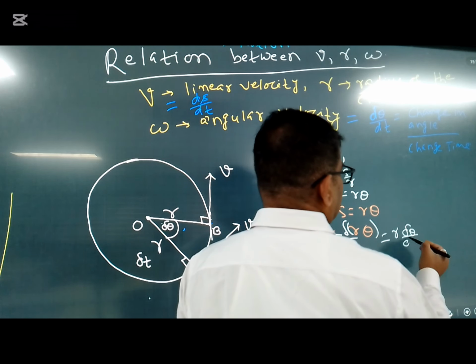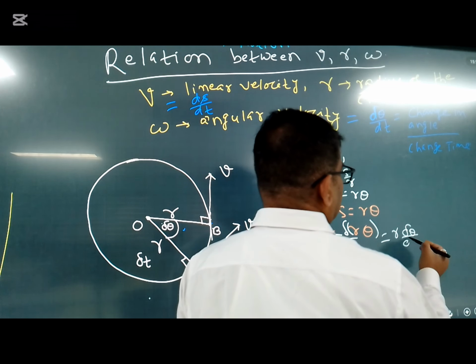Here also we have the limit of del t tends to 0, del theta by del t, and as R is constant, you can take this R outside. Is it okay? Now let's see what happens in this case. We said that del theta tends to 0.